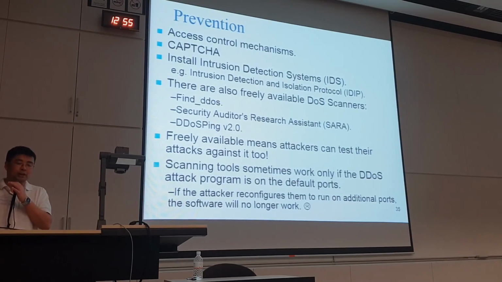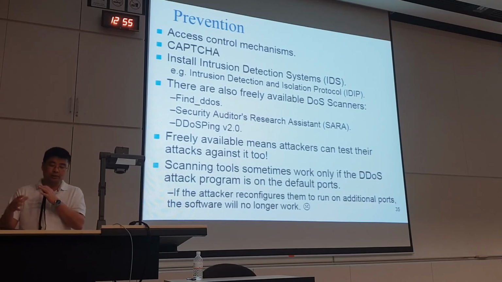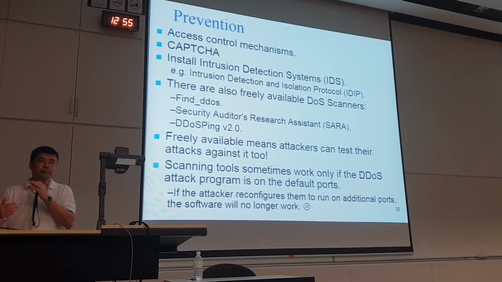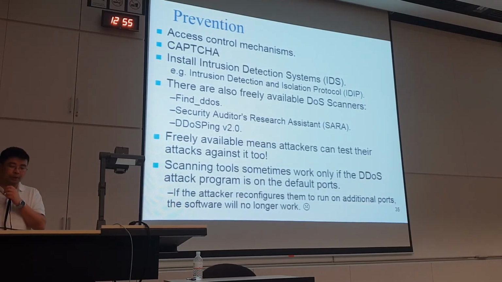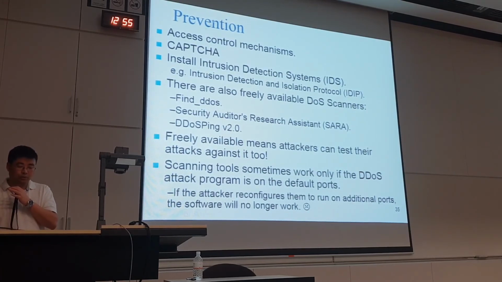Then the firewall can simply kill this packet. The firewall just drops this packet. We will study firewalls later. It's placed at the entrance of the network. If you receive a ping packet but the destination is a broadcast address, then the firewall can simply drop this packet. So in this case, we try to use access control to prevent the attack.